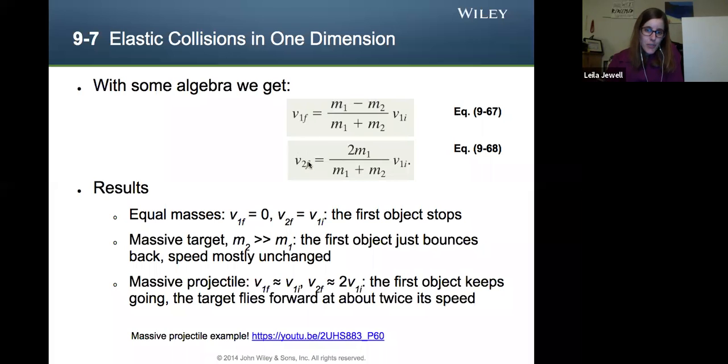Now, for the small target, though, like the ping pong ball or tennis ball, we now have 2 times m1, this big, big m1, over basically m1. m2 basically disappears in comparison. So v2f, the final velocity of the target, becomes twice as big as the initial velocity of the projectile.